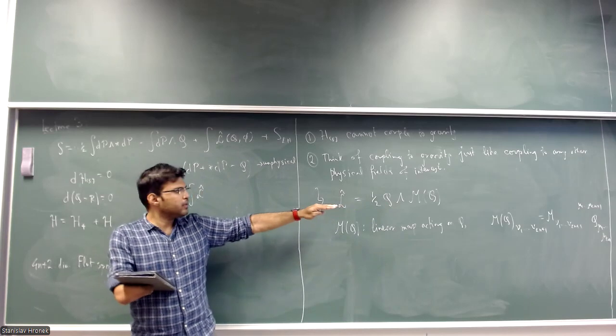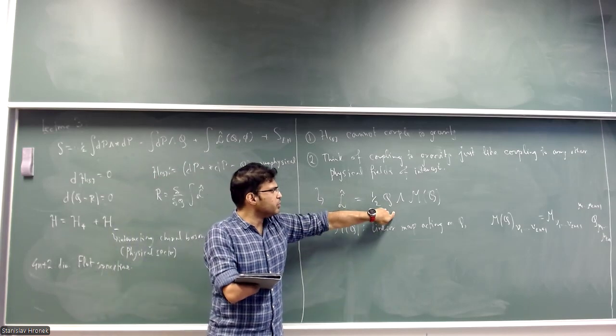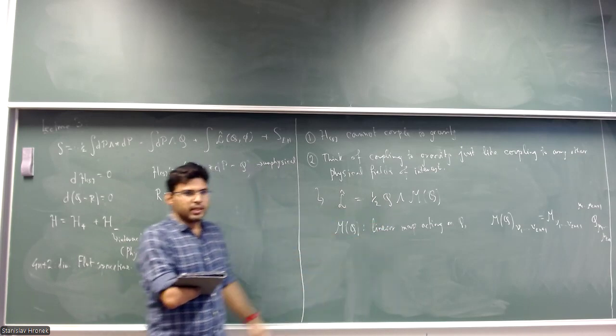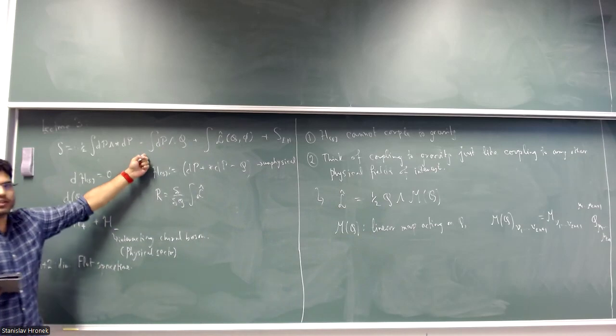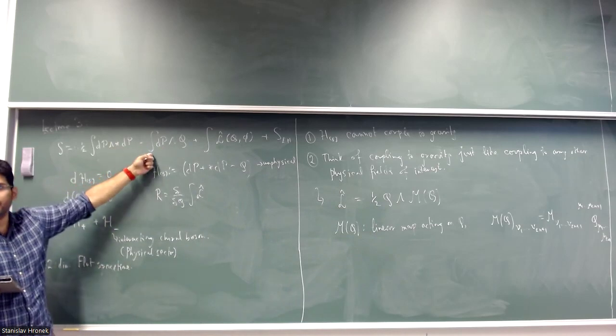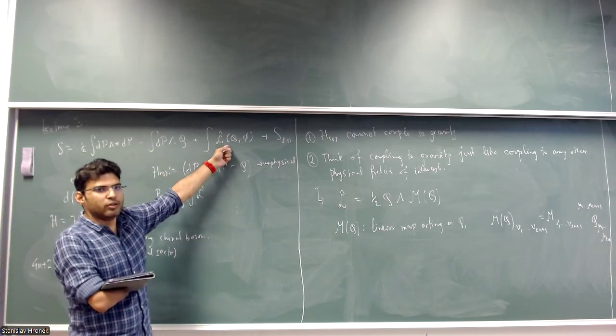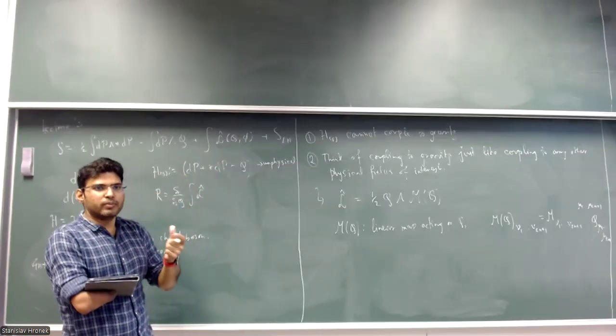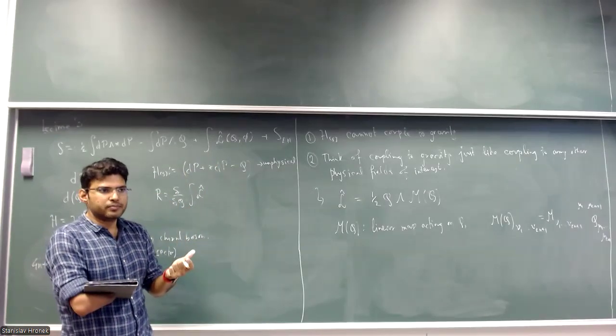The reason being, if this is the only term through which we have coupled to gravity, and if you want to evaluate the stress tensor, when we vary this action with respect to the metric, the first two terms are going to be completely insensitive to the presence of the metric because they don't know that the metric is there. This is the only term that knows the metric is there. And the stress tensor at the very least has to be quadratic in the fields.